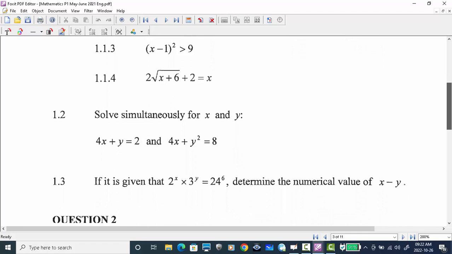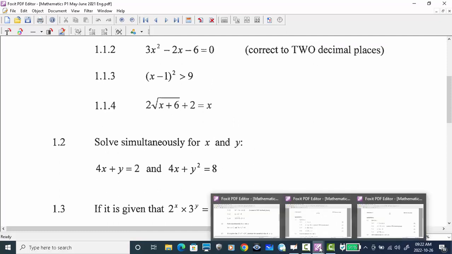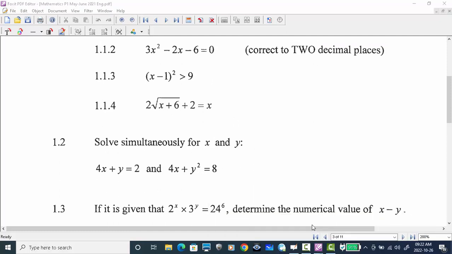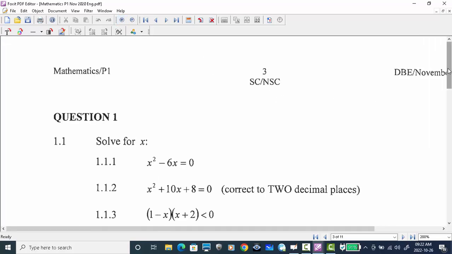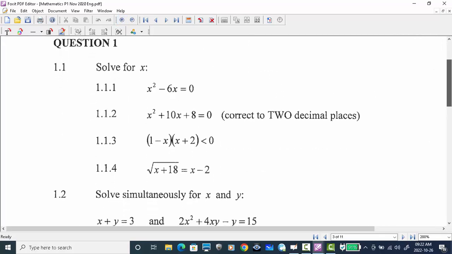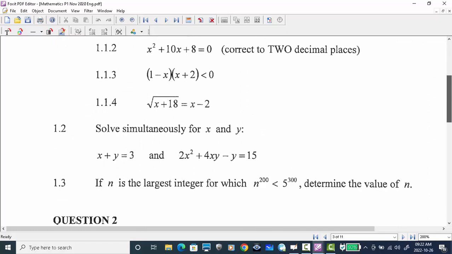I'm sure after watching the video you can do this question properly now. Then after that, also try out this one, which is from November 2020, Question 1. It goes like this. Please, you can now finish it up after watching the second video here. Okay, so please solve it.